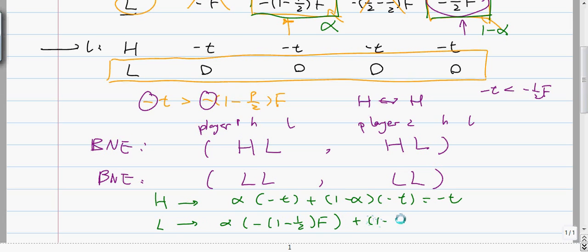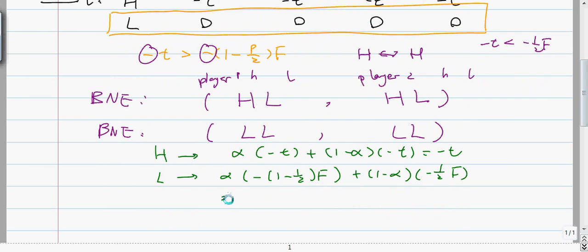Okay, and then this is equal to, after some simplification, half f times 1 plus alpha minus p alpha. I think I wrote something wrong here. So there is a p here.